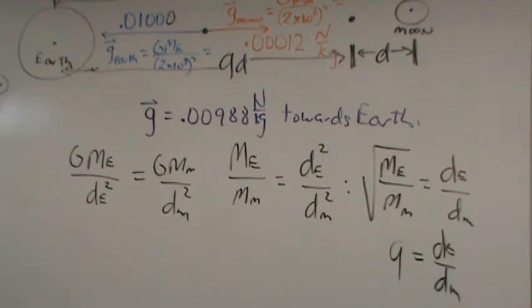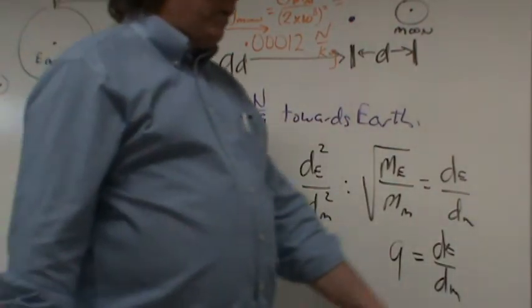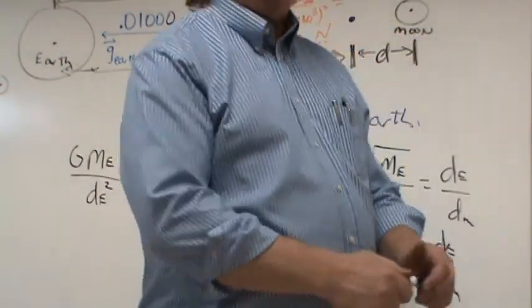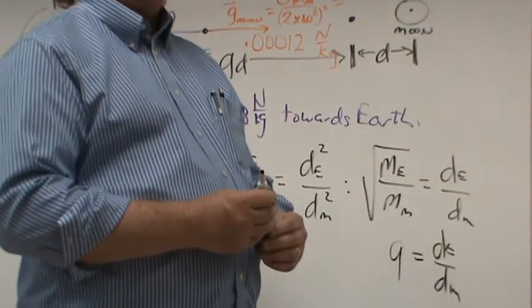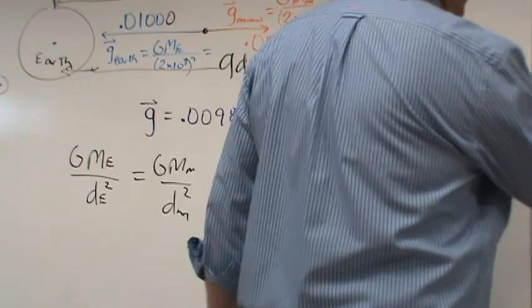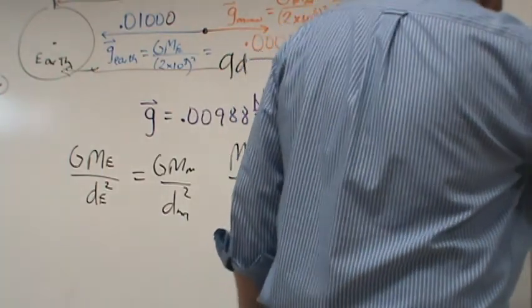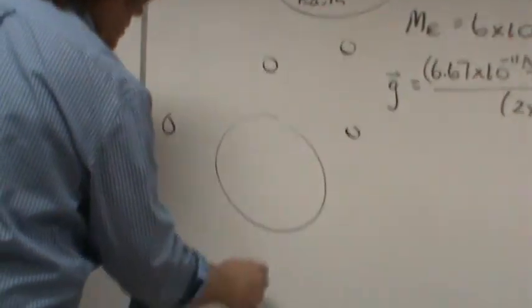Okay, but there is a scenario where you could have bands of regions where the gravitational field is not always 0, but the gravitational field would keep you moving in a circle. And that's a situation where you've got lots of moons.